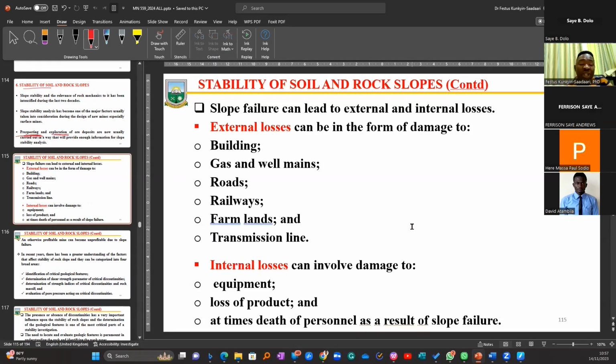Then we have certain slope failure that can lead to external and internal losses.